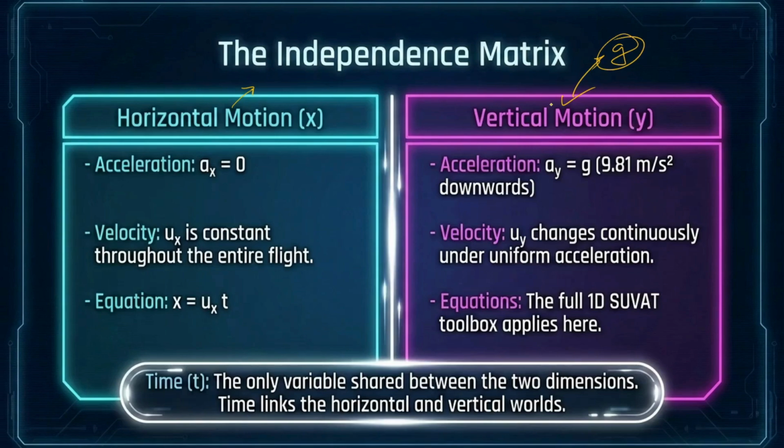But time is the only variable shared between these two dimensions. Time links the horizontal and the vertical words. That means the time it takes for the projectile to rise and fall is the same time it uses to travel horizontally as well. This is a critical link. I hope you understand these two motions, the horizontal one and the vertical one, and what the difference between these two is.